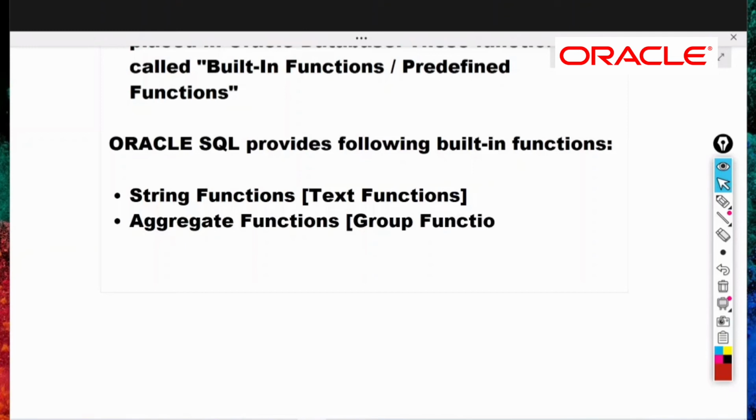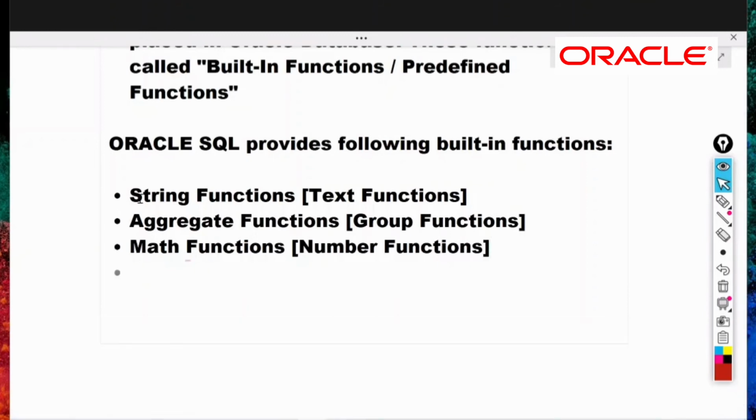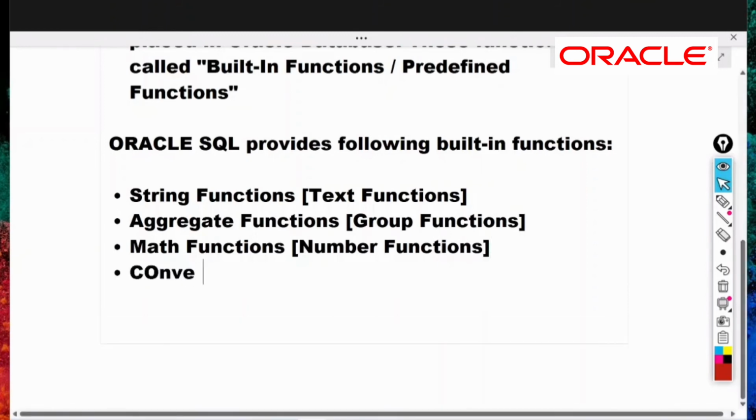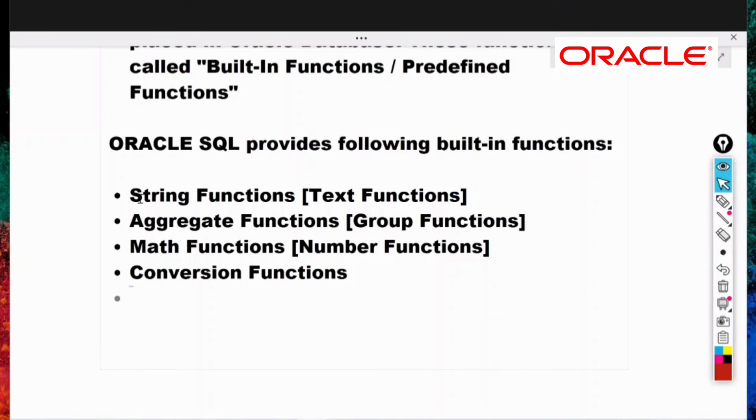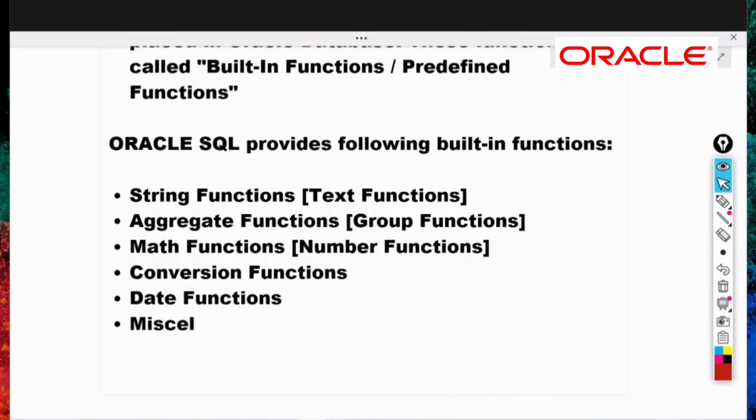The next category is math functions, which can also be called number functions. The next category is conversion functions, then date functions. If any other functions are there, we discuss them in miscellaneous, meaning the remaining functions.